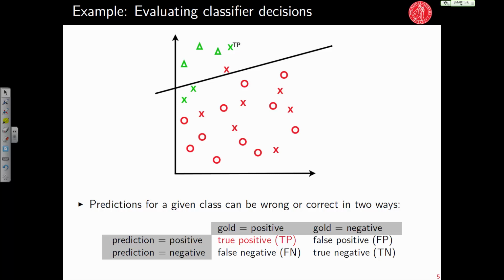True positive means that the classifier predicted that an instance, or an email, is spam, and it's actually spam, meaning that it was also labeled as spam in our gold standard test data set. Positive is the fact that this is within the spam class, and true means that it's truly positive. So this is one way the classifier can be correct. Having a true positive means that the classifier made the right decision.